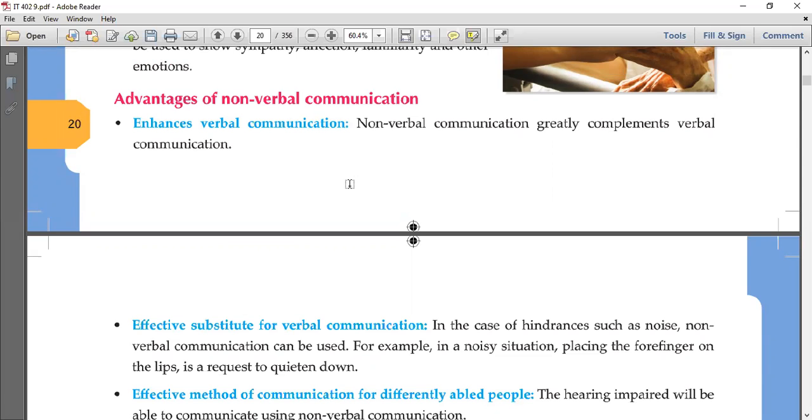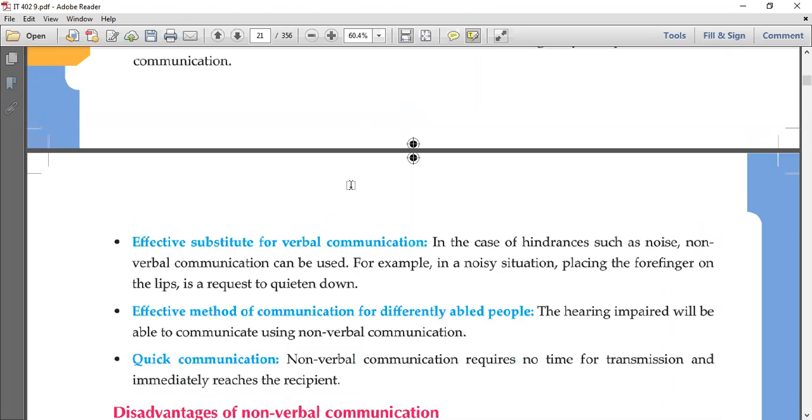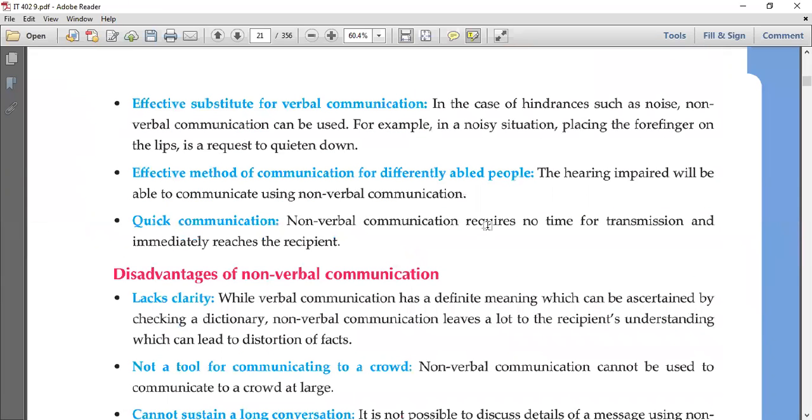Then, effective substitute of verbal communication. Now in case there's a situation where so much noise is coming, your verbal communication cannot take place, right? So in place of such things, non-verbal communication can be used, right?